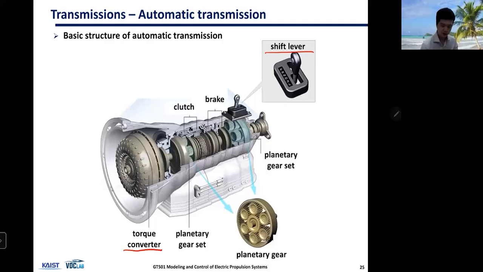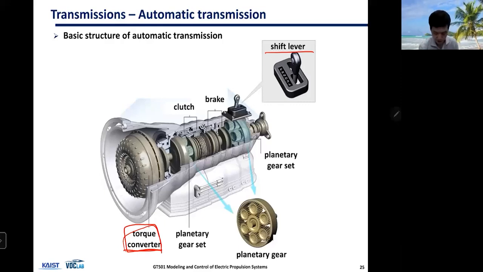So you usually need a torque converter, which is also called a launching device, because it's usually necessary for launching conditions. And so that's the main difference between automatic and manual transmission. The clutch between the transmission and the engine is replaced by the torque converter.